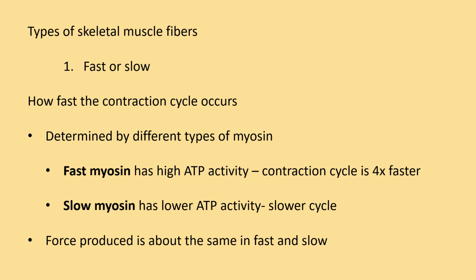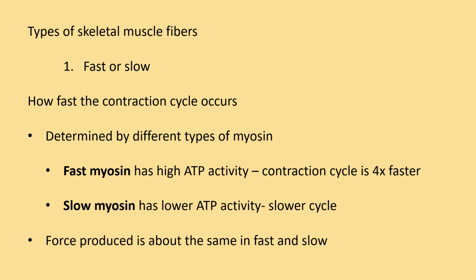Fast or slow refers to the type of myosin that occurs in the thick filaments of the cell. There are 2 types of myosin in skeletal muscle cells, and they're named reasonably. Fast myosin has higher enzyme activity.